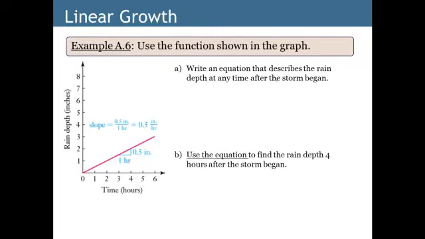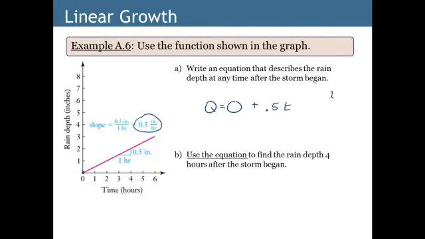Another one, write an equation that describes the rain depth at any time after the storm began. Well, they actually give us the slope here, so the equation is Q equals, what's my initial amount? Well, initially, I had 0 rain. So 0 is the initial amount, plus, well, according to this, my slope is 0.5 inches per hour.